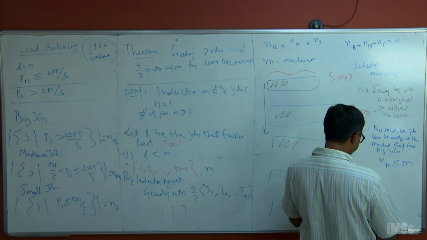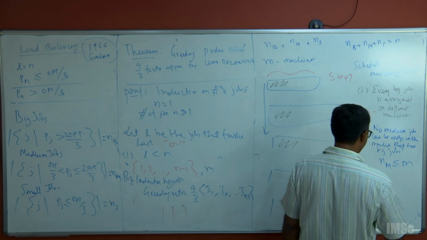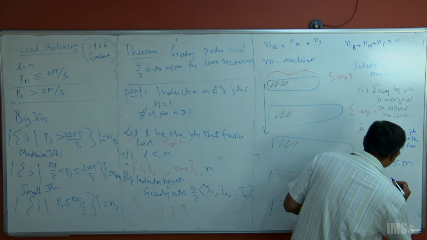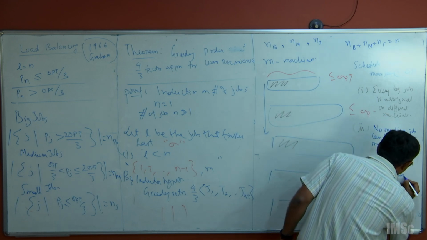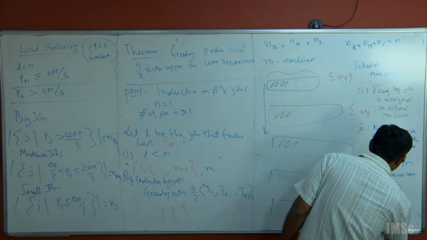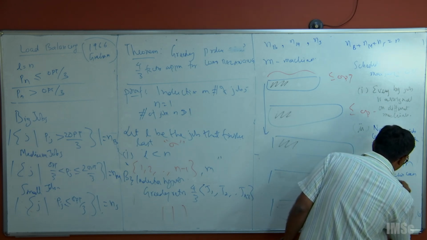Okay, so this is my observation number 3: no machine can have strictly more than 2 medium jobs.